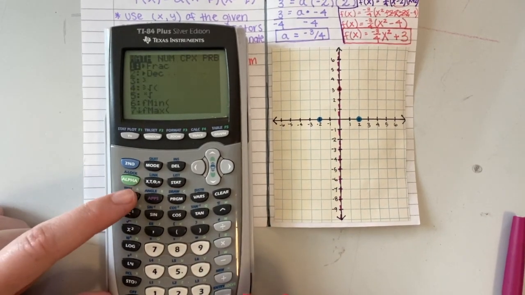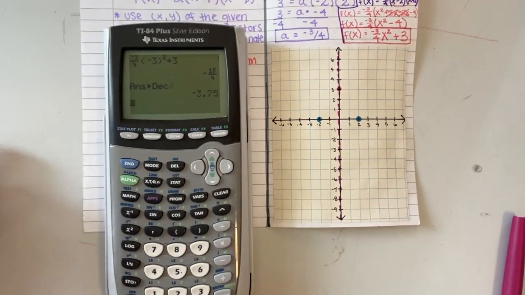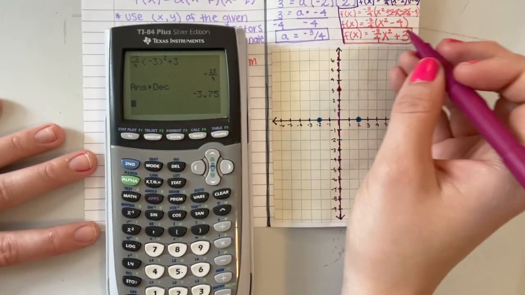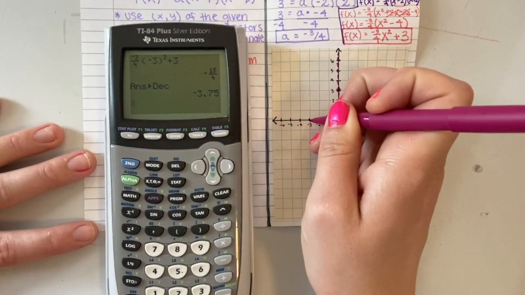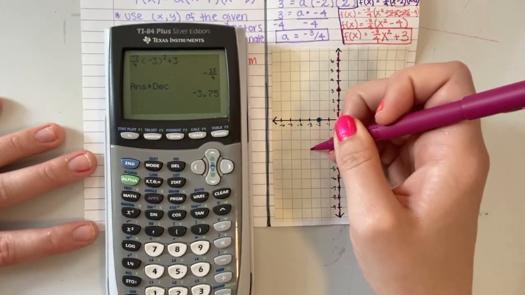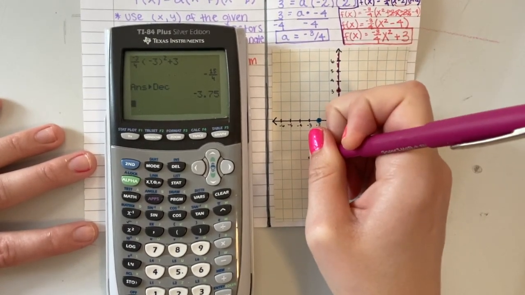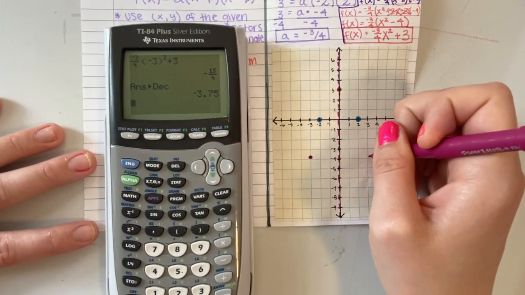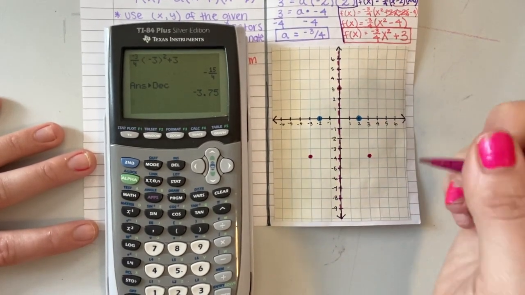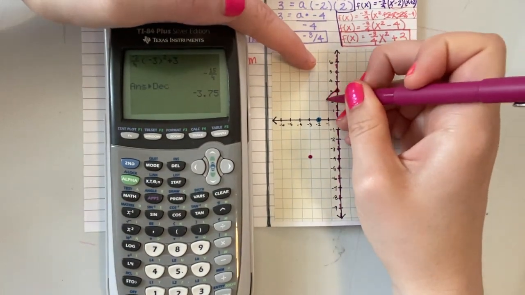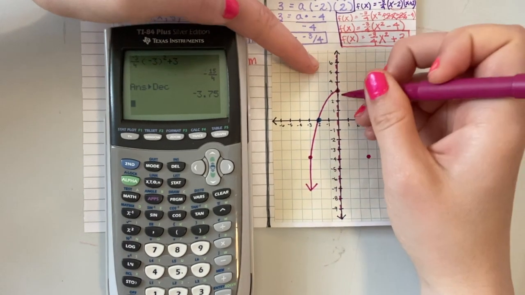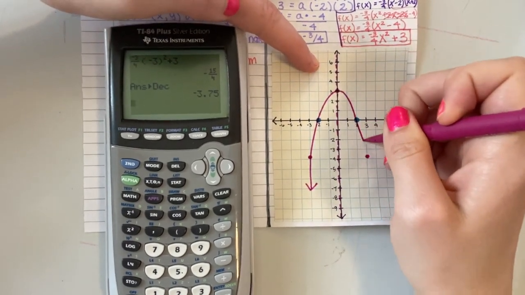I do not want it in that form, so I'm going to turn it into a decimal. And so I know that there's another point at (-3, -3.75), which means that there is that same point across the axis of symmetry, and I can connect my dots a little bit better now and draw my parabola.